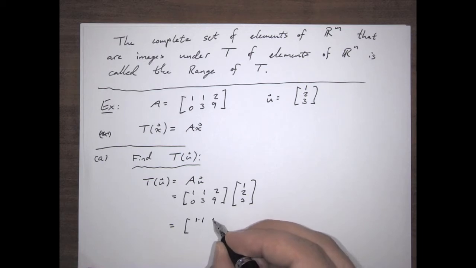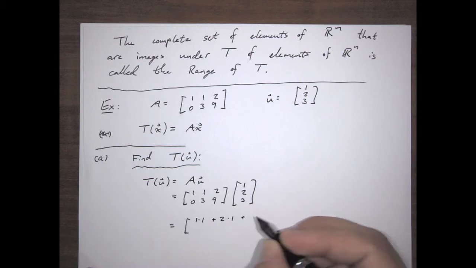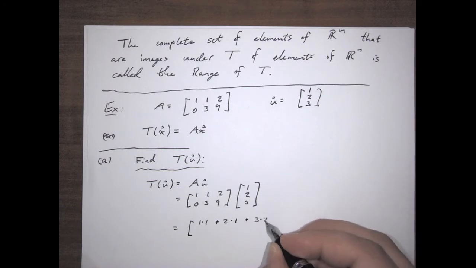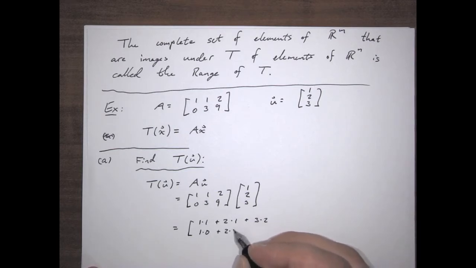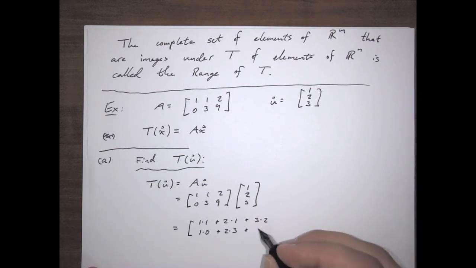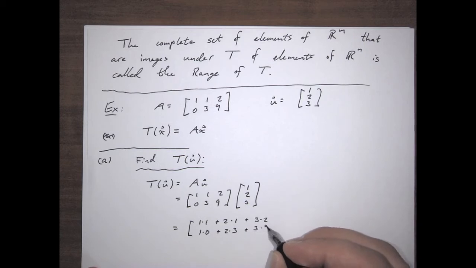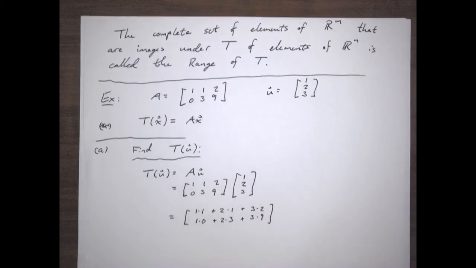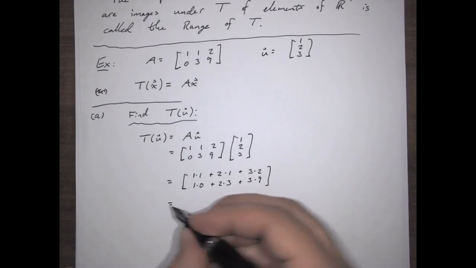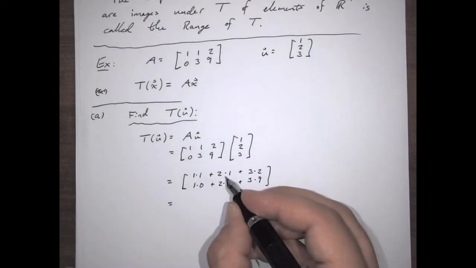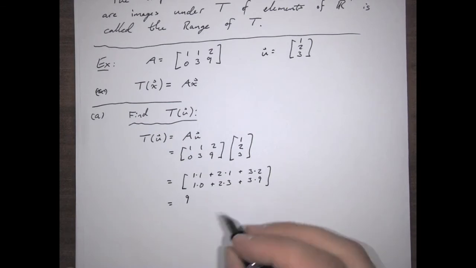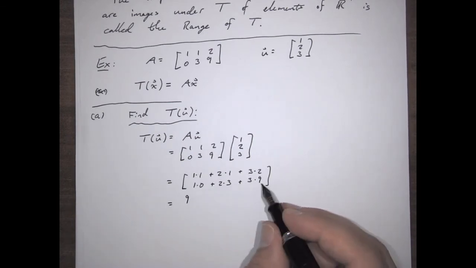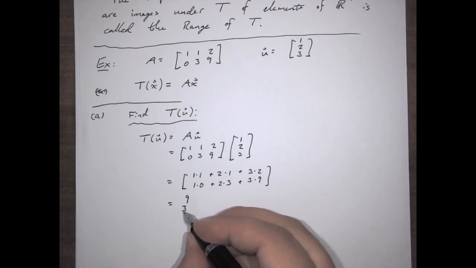So 1 times 1 plus 2 times 1 plus 3 times 2 for the first row, and 1 times 0 plus 2 times 3 plus 3 times 9 for the second row, and that's going to equal, so 1 plus 2 plus 6 equals 9, and 0 plus 6 plus 27 is 33.